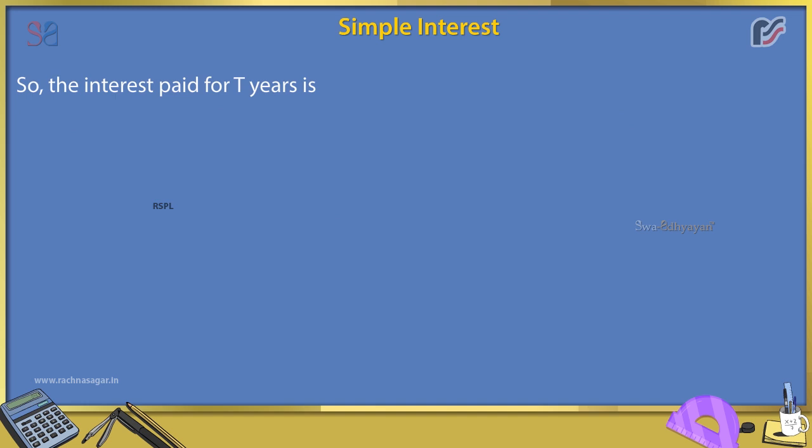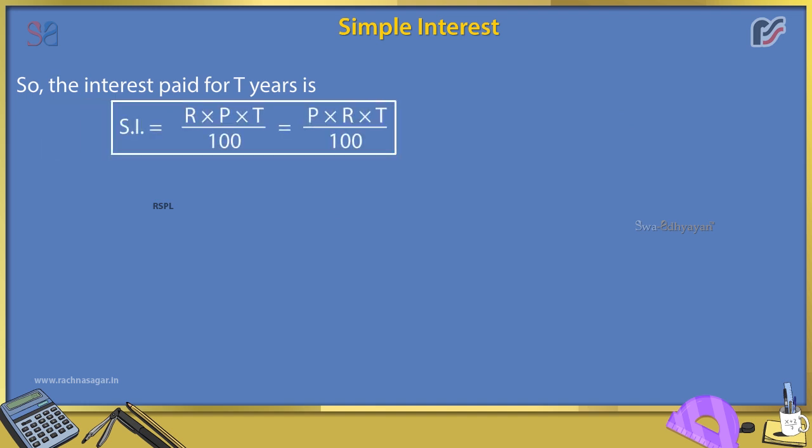So the interest paid for T years, simple interest, is equal to R into P into T by 100, which is equal to P into R into T by 100. Also, we can calculate amount as A is equal to P plus SI.